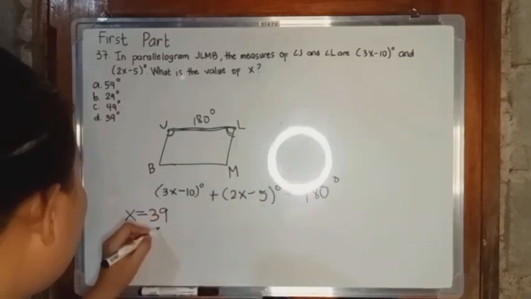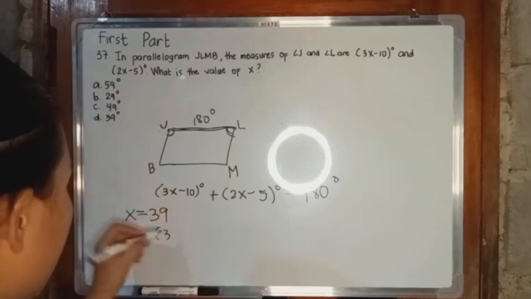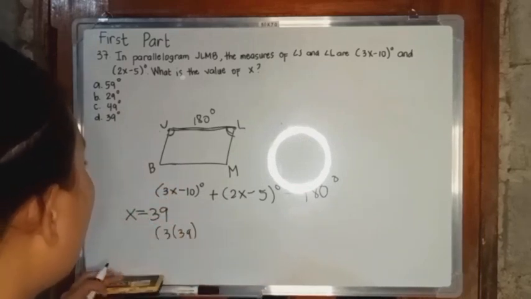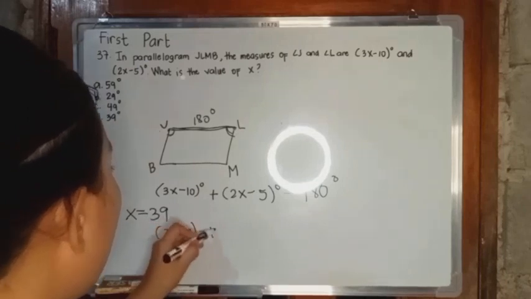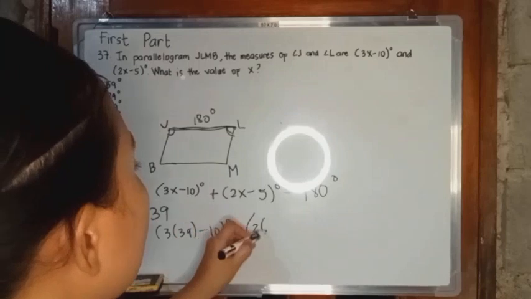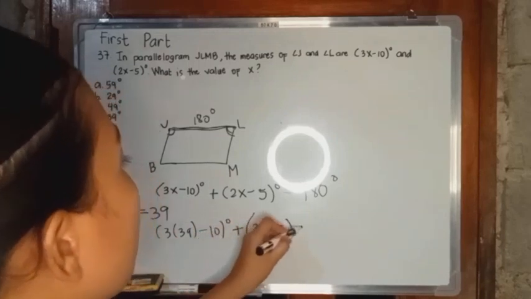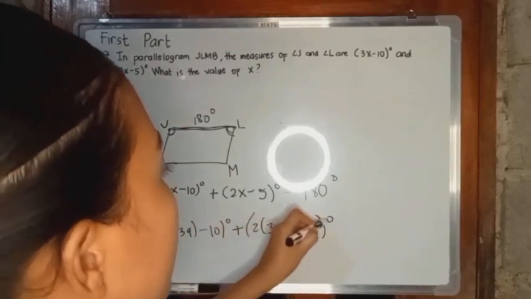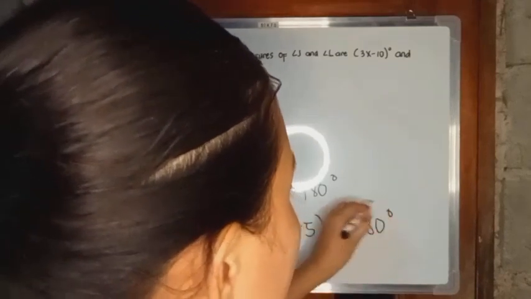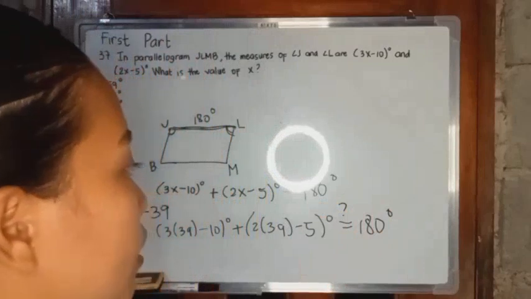So 3 times x, which is 39, 3 times 39 minus 10 degrees plus 2 times 39 minus 5 degrees, is it equal to 180 degrees? That's still a question.